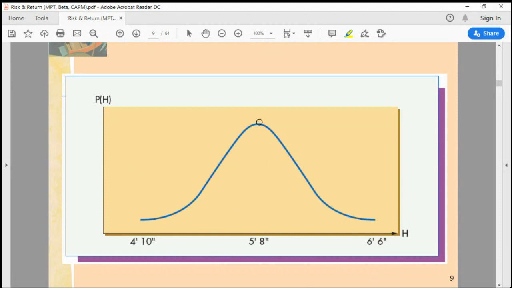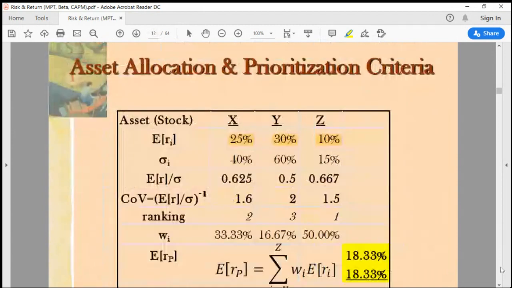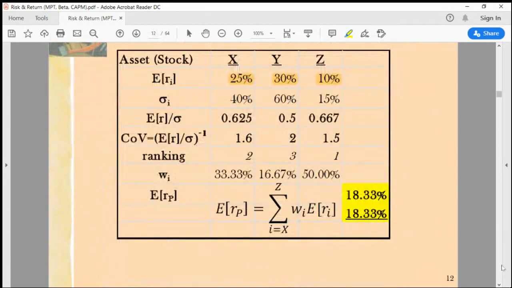Usually, if you're getting something above the mean, that's called upside risk. If you're getting something below the mean, it's called downside risk. And they would focus more on the downside risk than the upside risk. Now, we spent a lot of time here. So let's think about it.